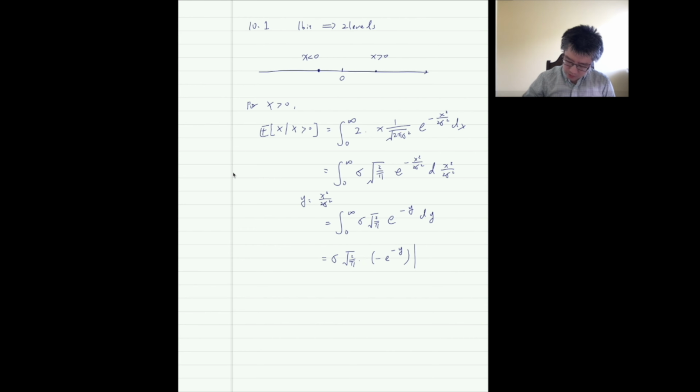Then we get that this equals this, and that is the centroid of this region. Similarly, we can also get the expectation given x is less than 0, which is the negative of this number because it's completely symmetric.